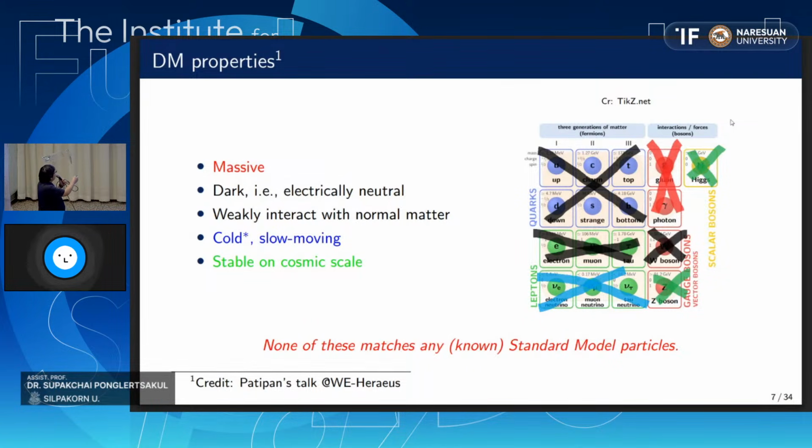And for the stable one, we know that the scalar Higgs cannot be dark matter as well, because the Higgs itself is not stable. So none of these fundamental particles that we know have all of the properties that we want. So it must be something else.